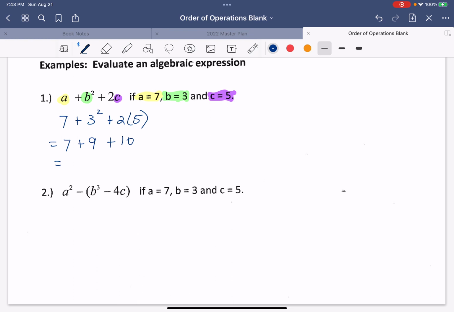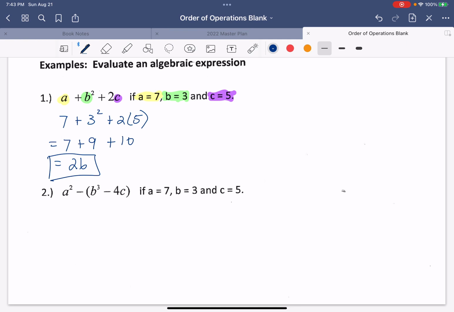And what you're going to find is your answer is, let's see, 26. Is that right? My brain is getting tired. Let's see. That's what you should get.